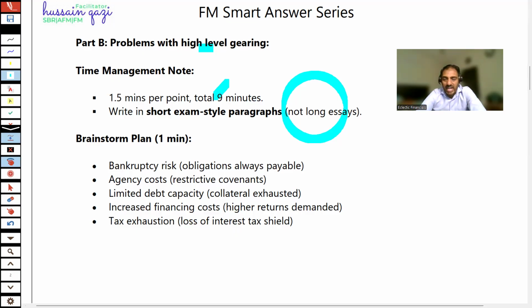It's very simple. High financial risk: a chance of bankruptcy, which means not being able to pay the interest and debts. That's a problem.